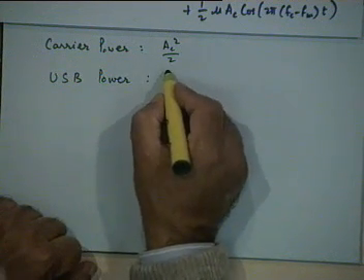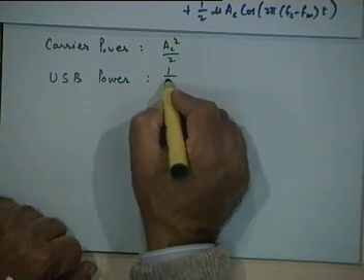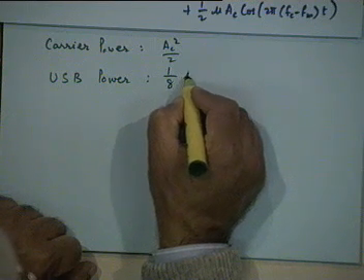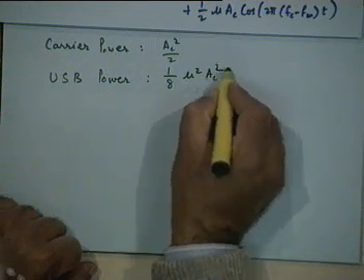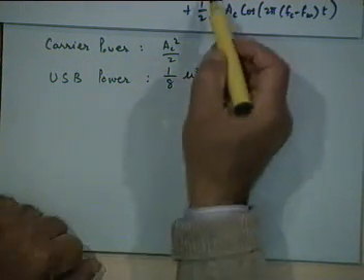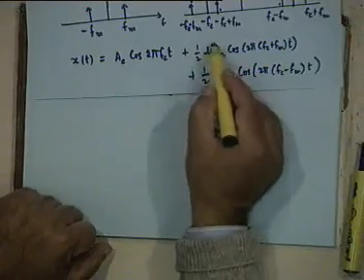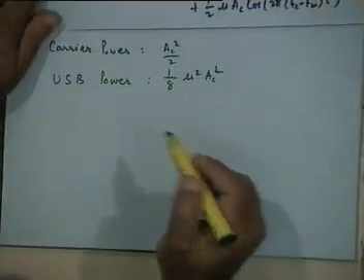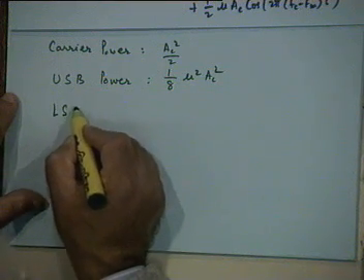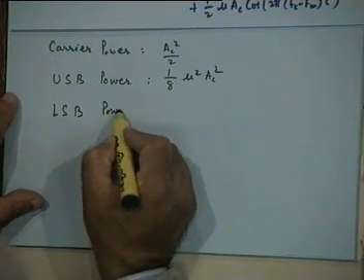This will be 1 by 8 mu square A sub c square, right? Half of the square value of this amplitude, right? Similarly, the lower sideband power would also be the same.